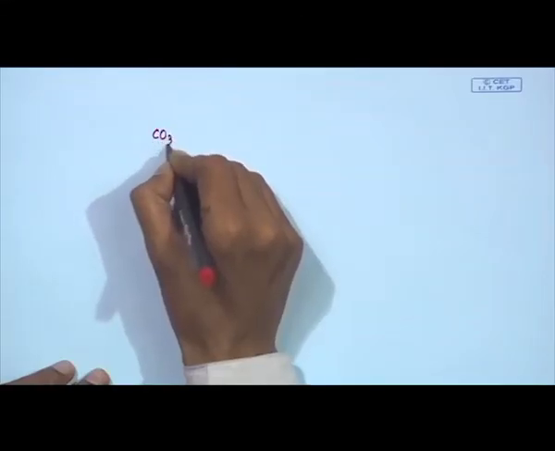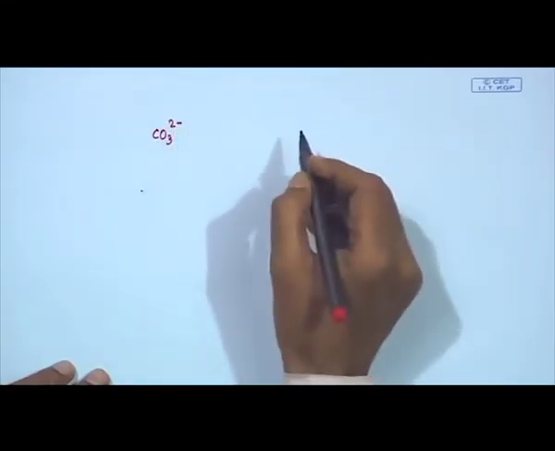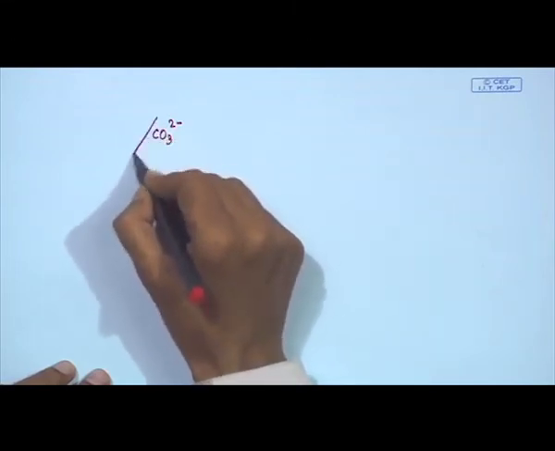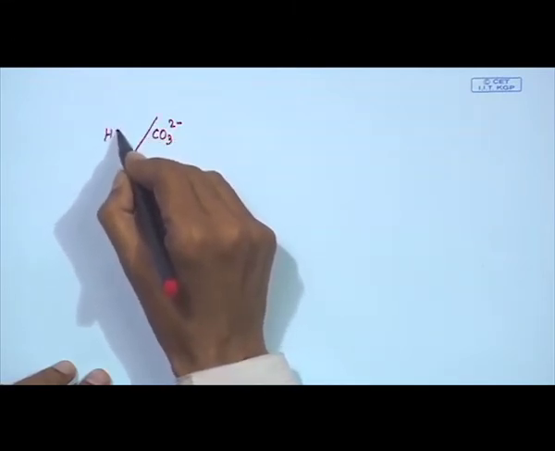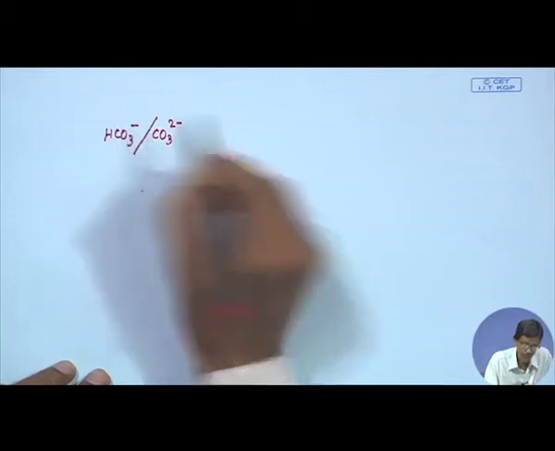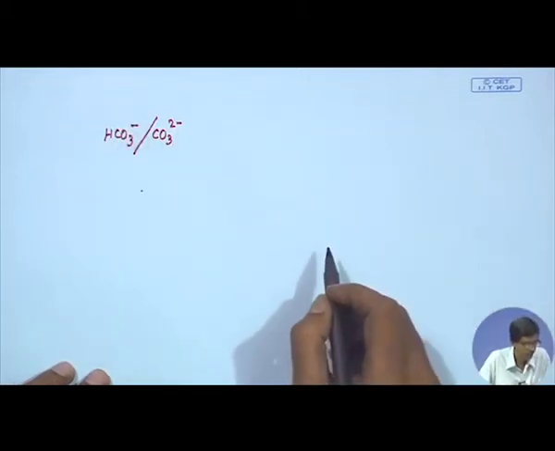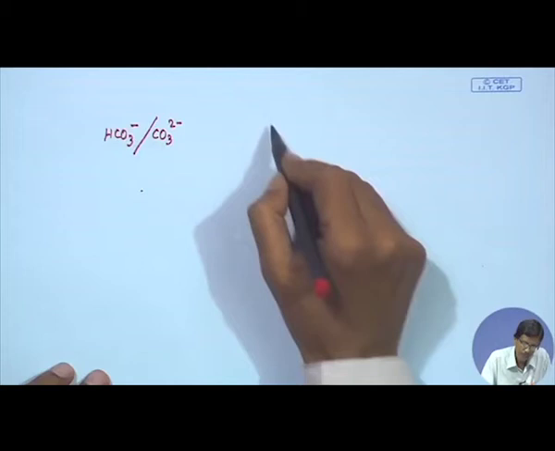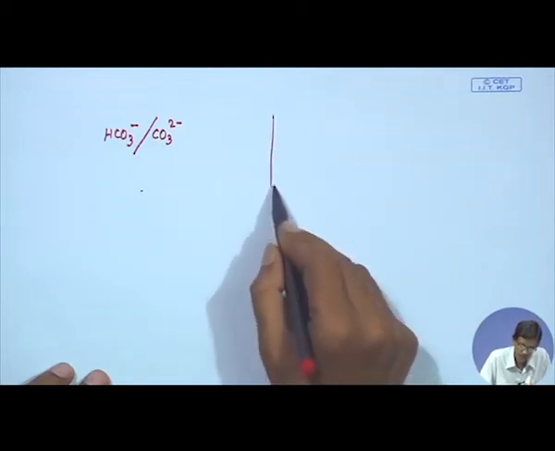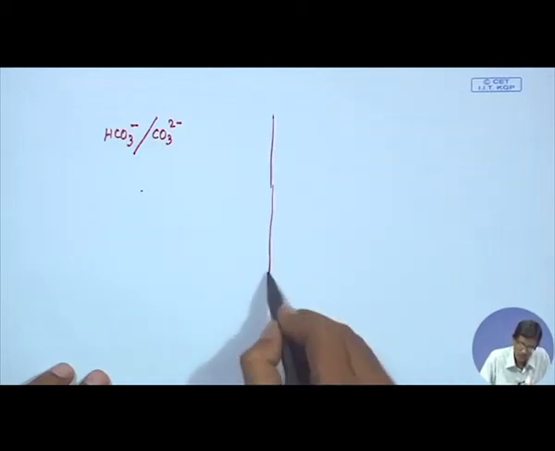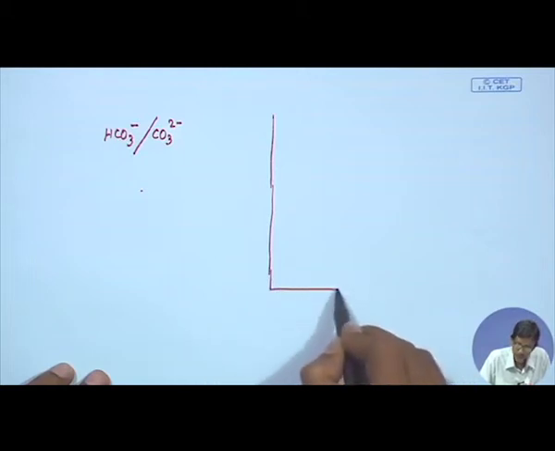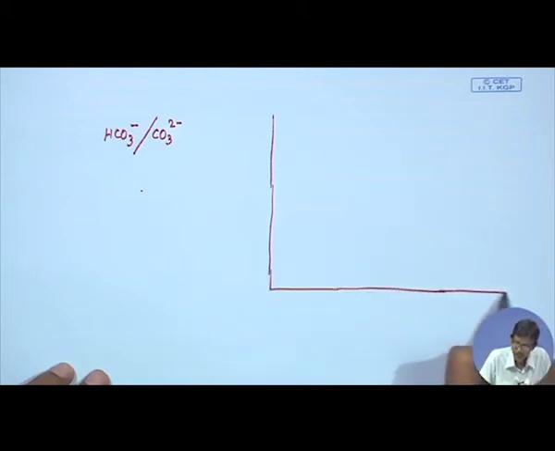Like the previous examples we were talking about earlier, if you have a carbonate mixture and we are trying to determine both carbonate ions and bicarbonate ions in the mixture, what sort of plot do we get? Because we should always keep the corresponding titration curve in mind.